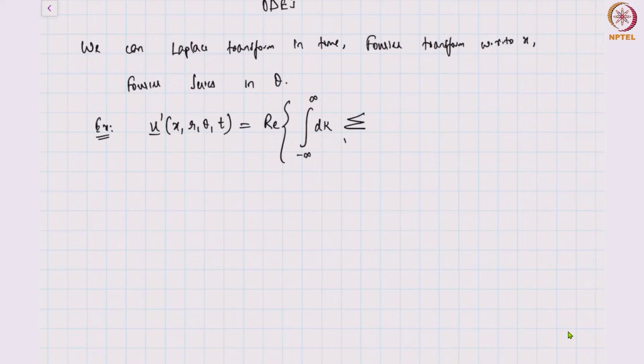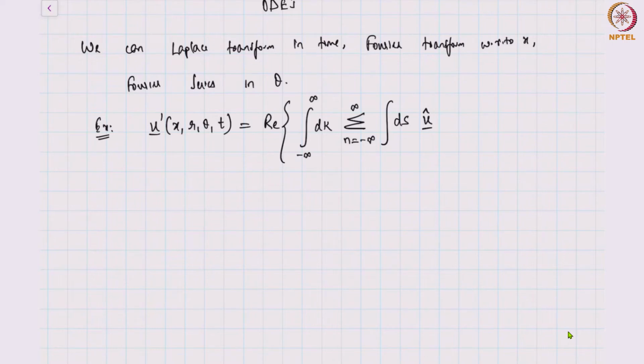Fourier series in theta, and then I have ds. I have a u hat.